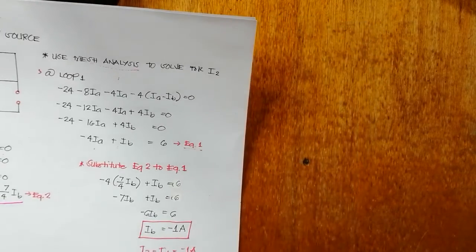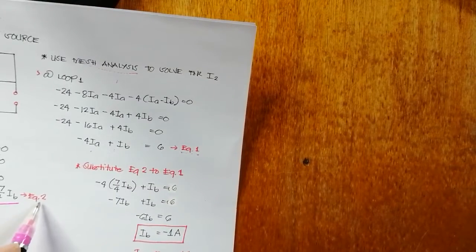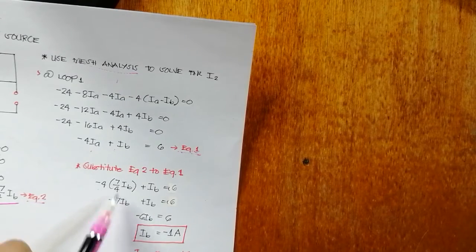Next, we will substitute equation 2 into equation 1. Since we need to solve for I2, then I2 is equal to IB. So substituting equation 2, we now have negative 4 times 7 over 4 IB plus IB is equal to 6.